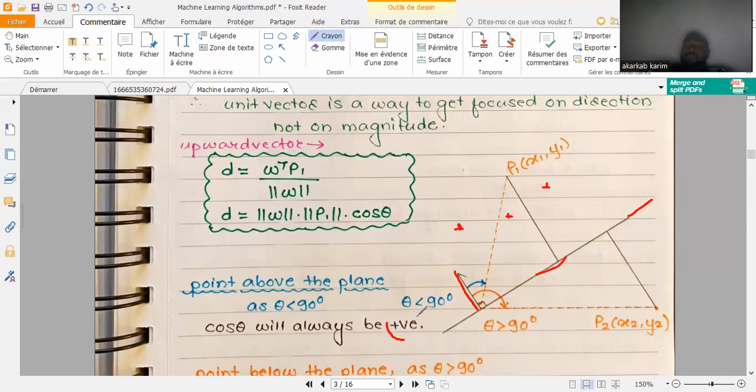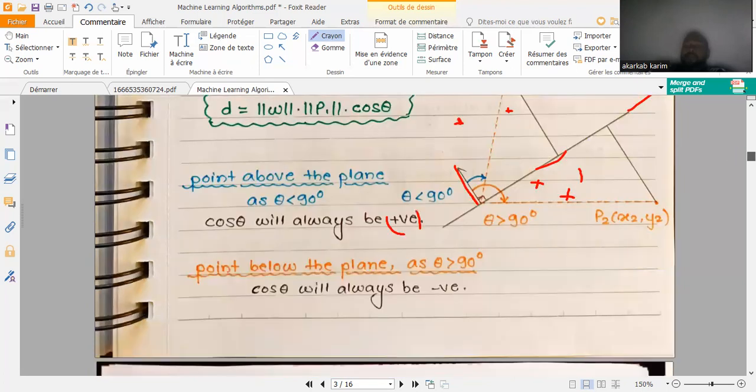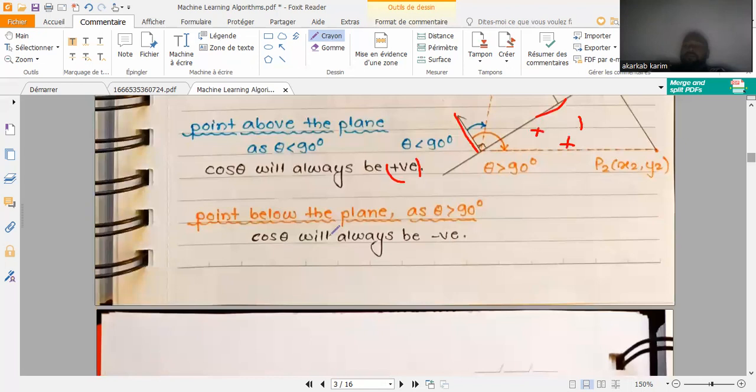On the other side, we have points below the plane, here and here and here. All these points below the plane are negative points, and the degree of all these points is more than 90 degrees, so the cos theta will be negative.